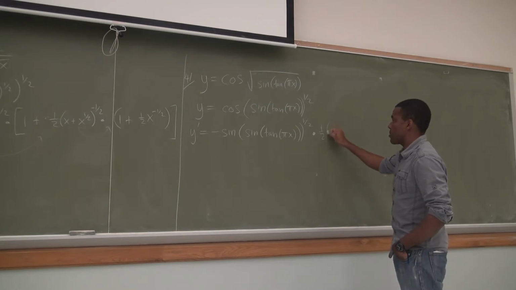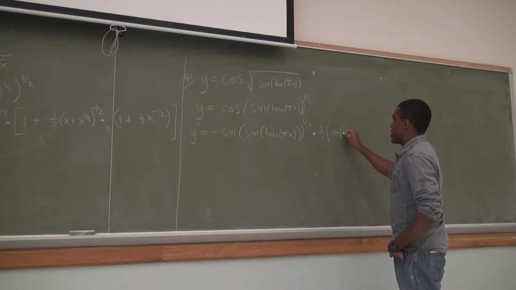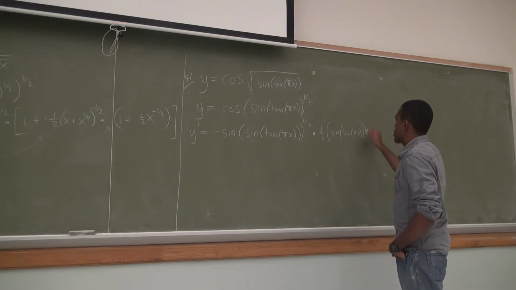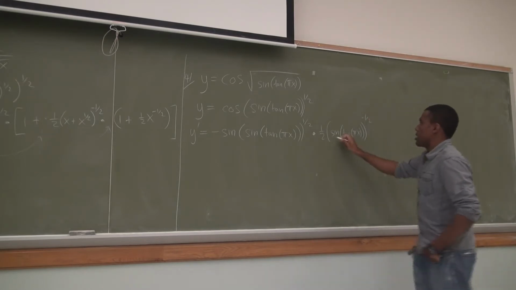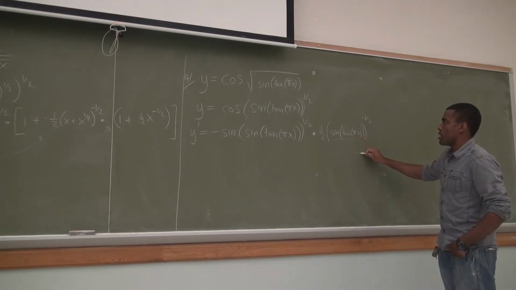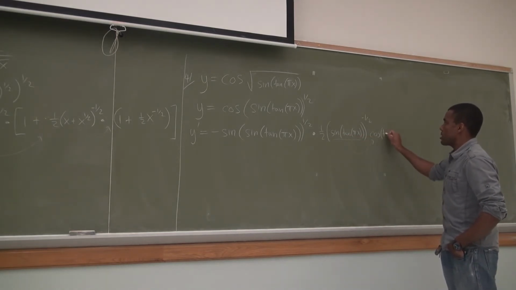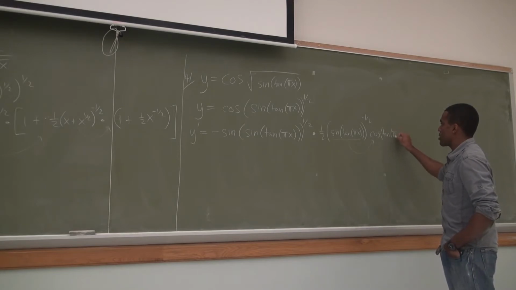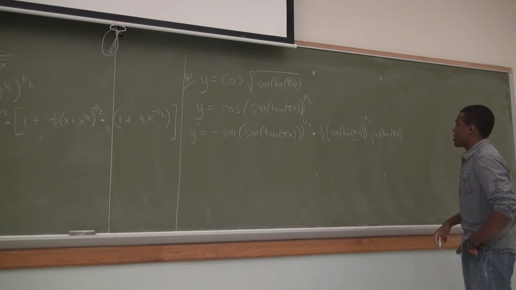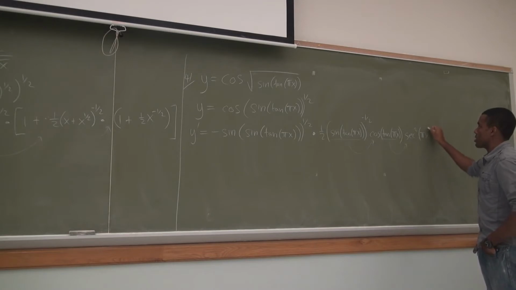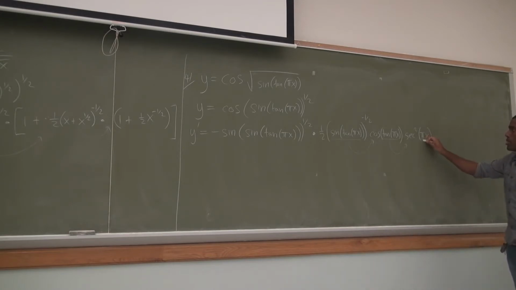Bring the half, leave everything intact inside, minus a half. Now you multiply by the derivative of the inside. Derivative of sine is cosine, leave the inside function intact. Multiply by derivative of the inside. Derivative of tangent is secant squared, leave the inside intact. Multiply by derivative of the inside.